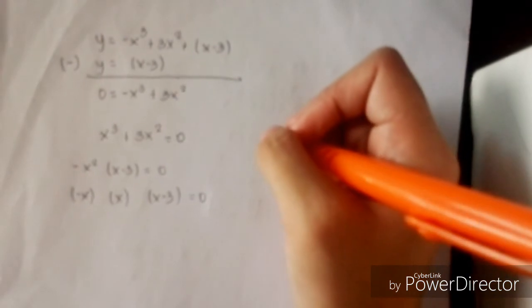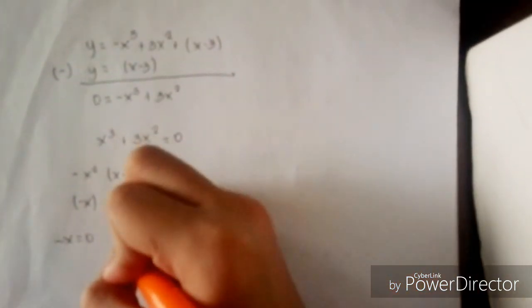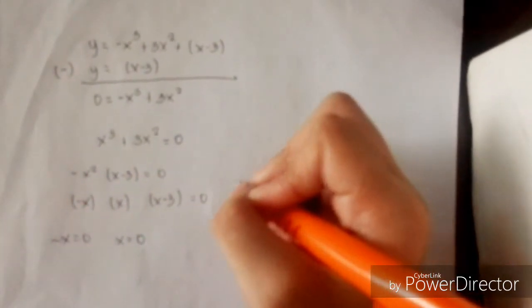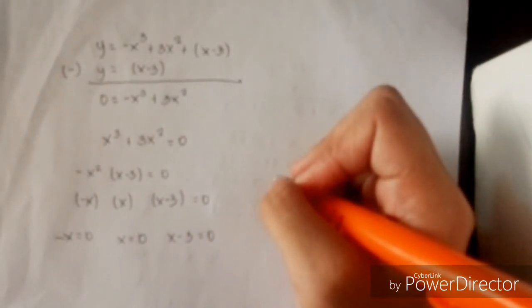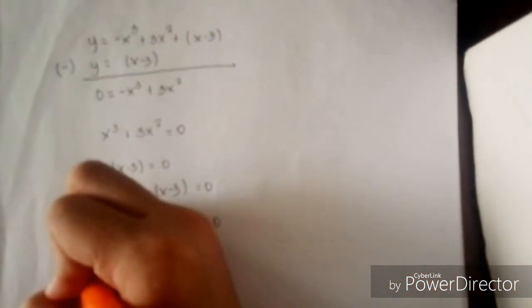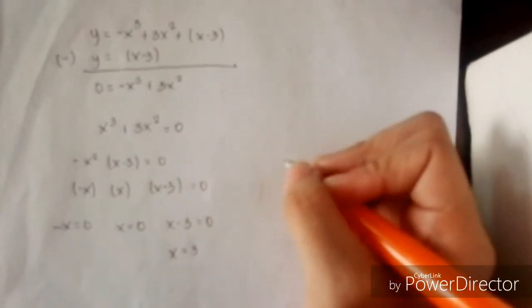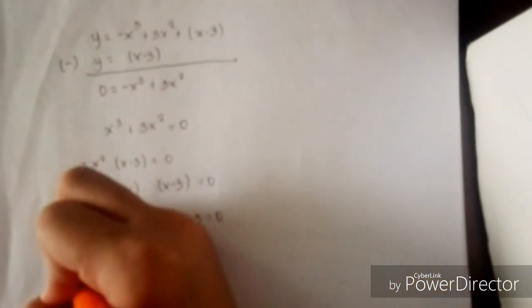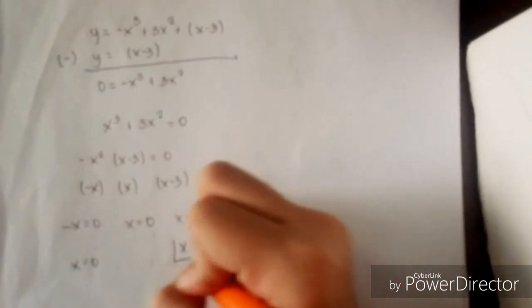So therefore, we assume that negative x is equal to 0 and x is equal to 0, then x minus 3 equals 0. Moving the constant term to the right will be x equals 3 and x equals 0. That will be the answer for our x.